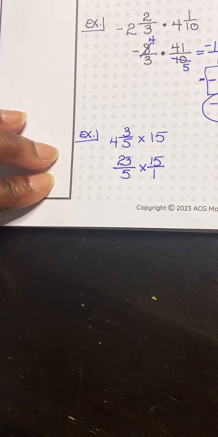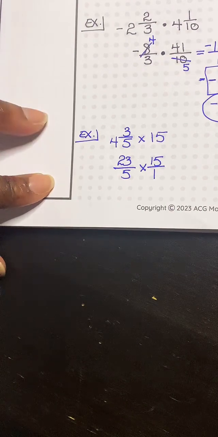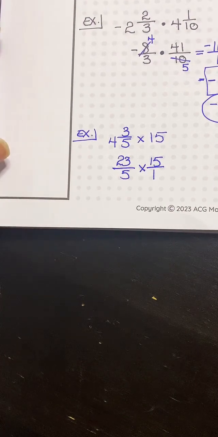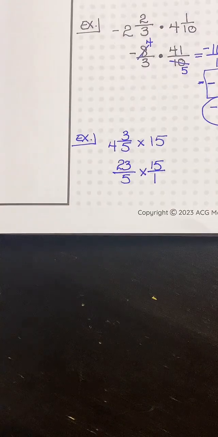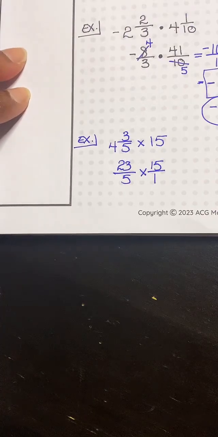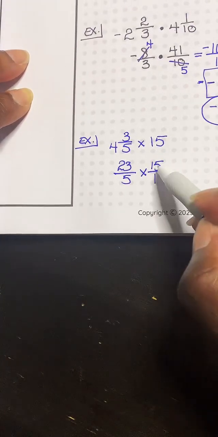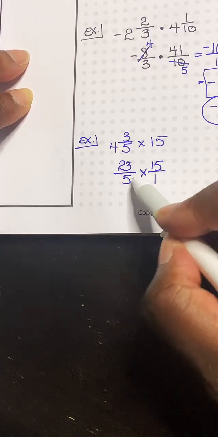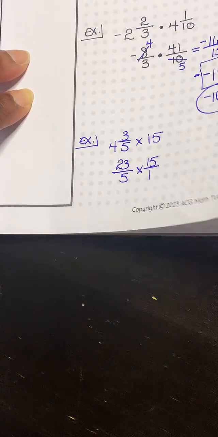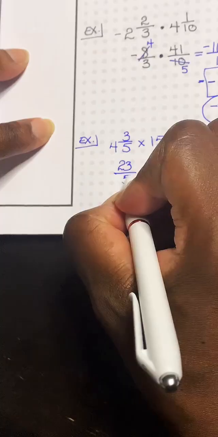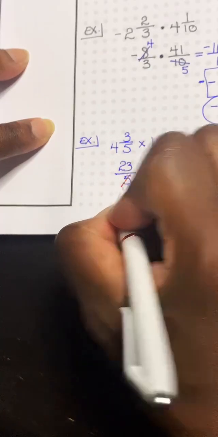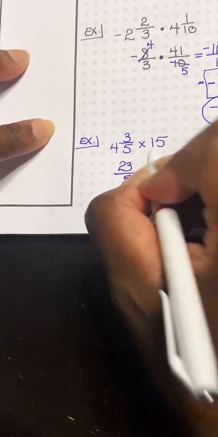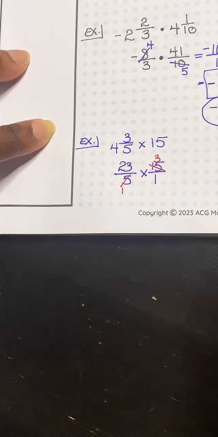What do you notice? I'm seeing some answers, 69s. But how are we getting that 69? All right, so we're canceling, or simplifying, the 15 and the 5. Excellent. So 5 divided by 5 will give me 1. 15 divided by 5 will give me 3.